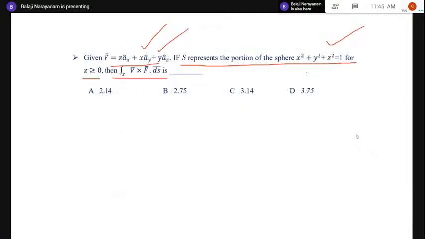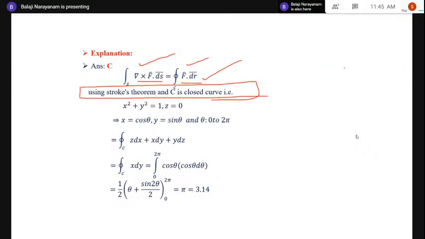What is given in the problem is x square plus y square plus z square is equal to 1 for z greater than or equal to 0. So if you want to apply it for a closed curve, x square plus y square is equal to 1, and x can be taken as cos theta and y is equal to sin theta, and theta needs to be varied from 0 to 2 pi.